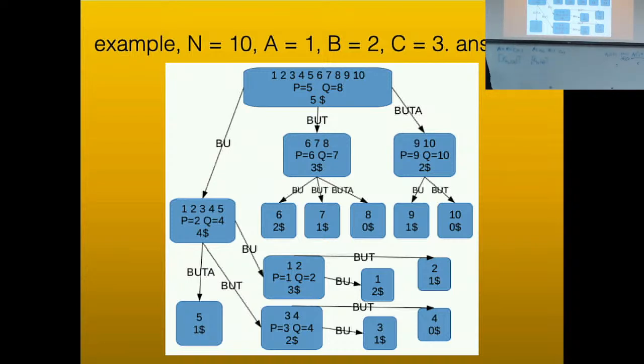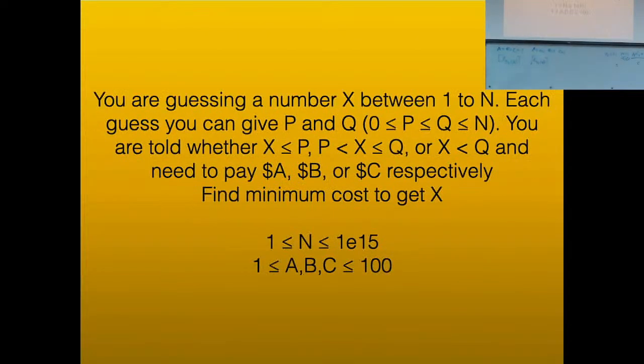This is where you notice there's a DP on n solution of this, maybe it's n cubed or something like that.